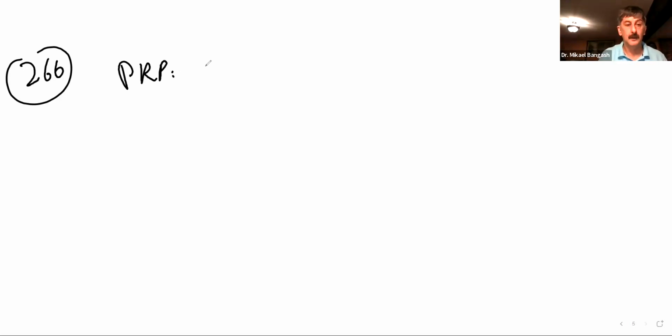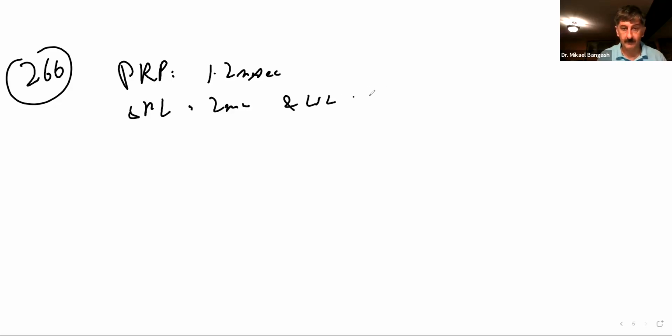So that's 1.2 milliseconds, and a spatial pulse length of 2 millimeters, and it has a wavelength of 0.4 millimeters. What is the axial resolution of the system?